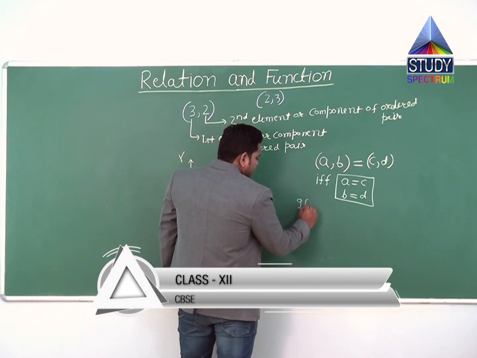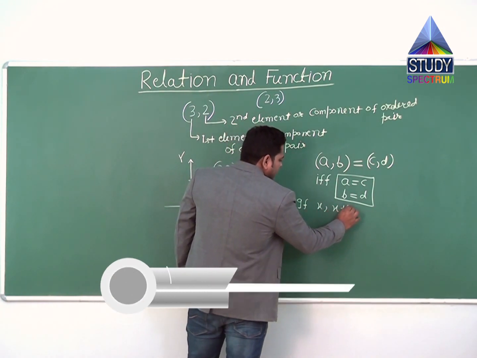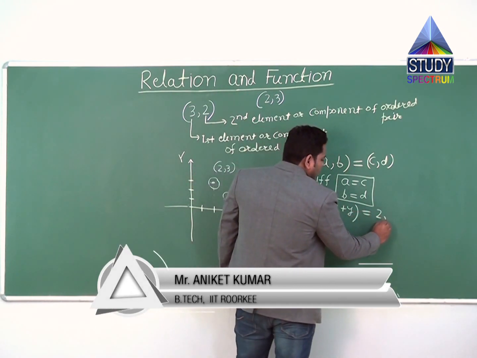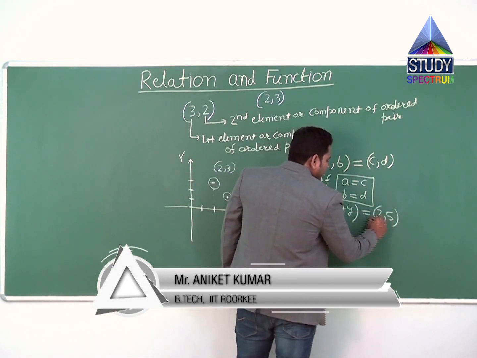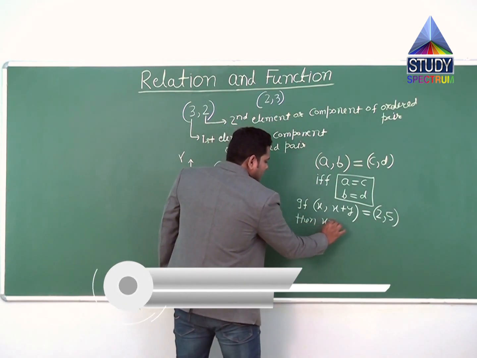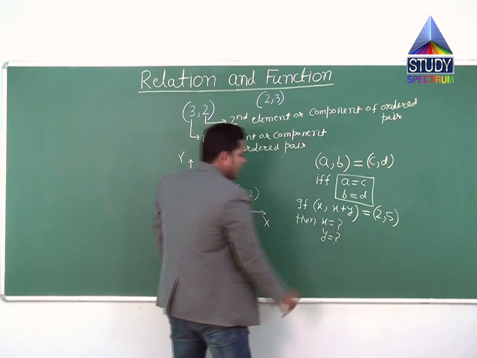If the ordered pair (x, x plus y) is equal to (2, 5), then find x and find y.